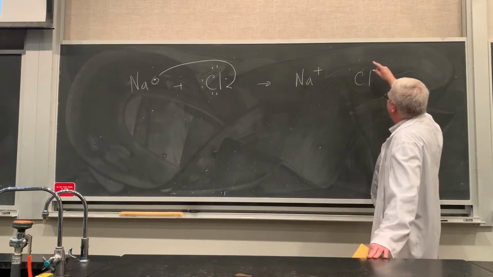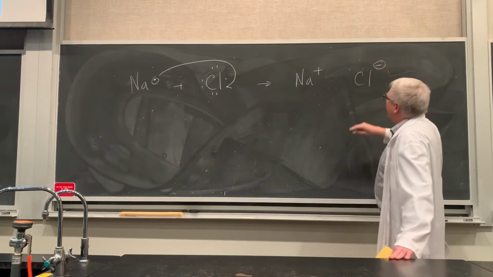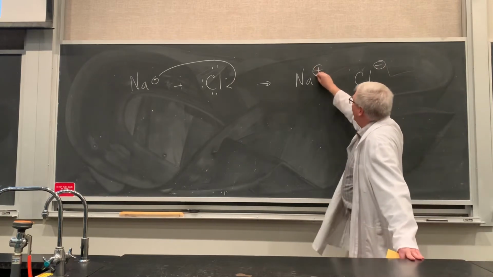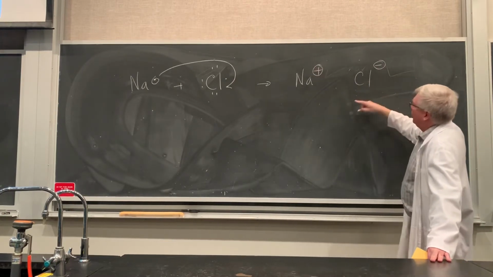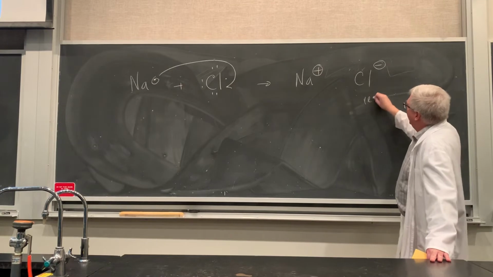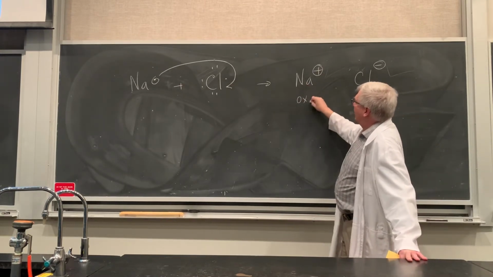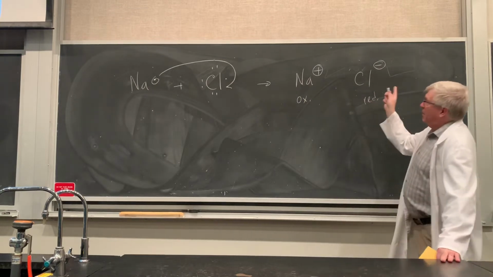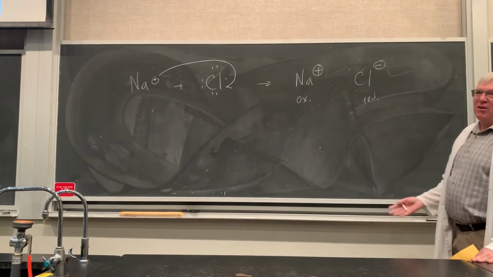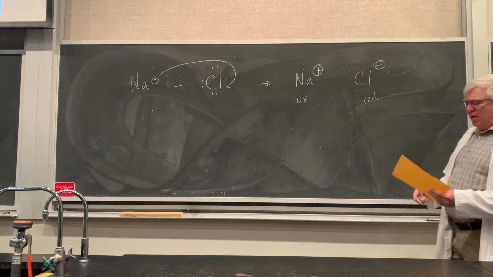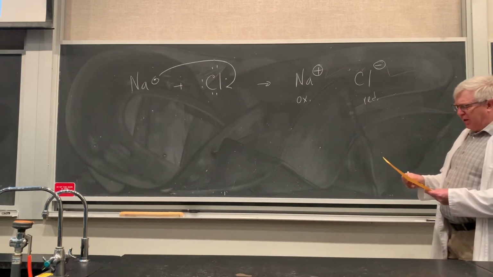It's got the 8 electrons around it, so its charge is -1. It got reduced, okay? And we say the sodium got oxidized. And both of them now have the electron configuration of the noble gases. So these terms are probably more familiar to you.